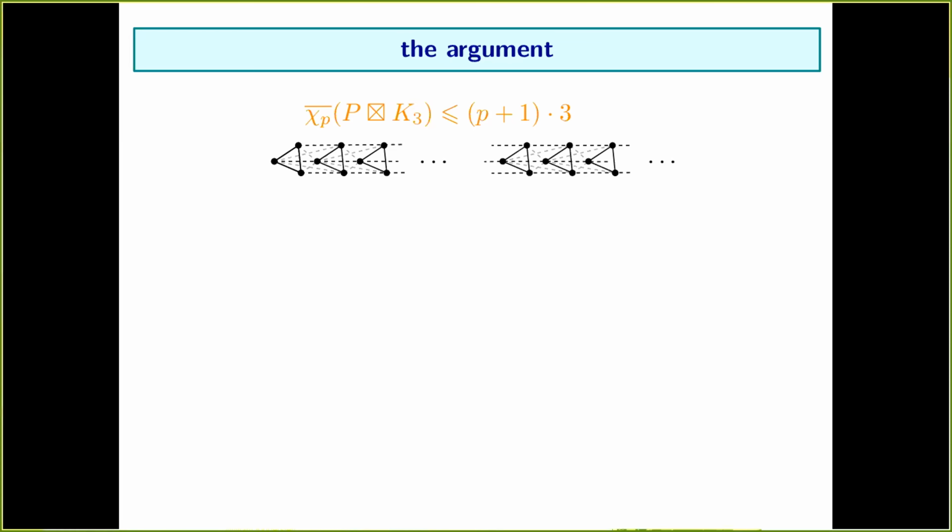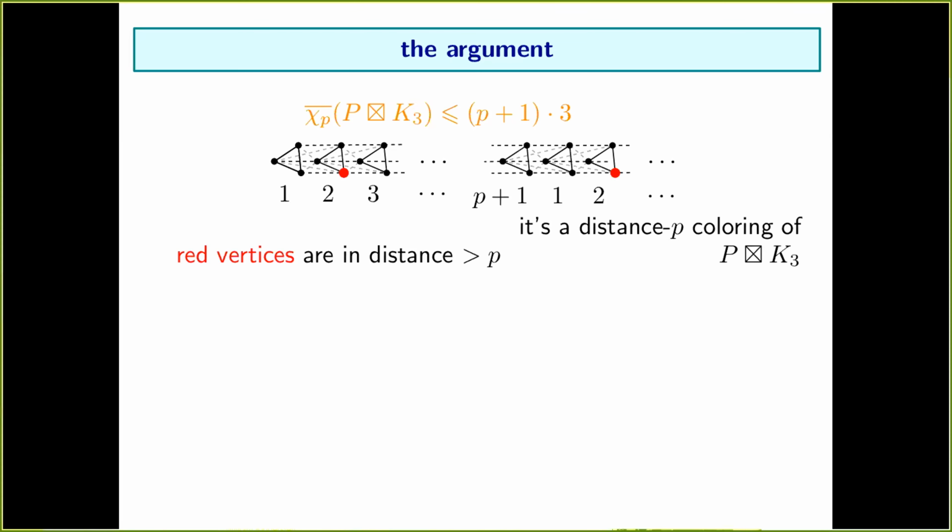Here is a preparatory observation. If we take two of the graphs that we see in the product, the path and K3, then we can color it in this distance p fashion using just 3 times p plus 1 colors. This is a very obvious coloring.